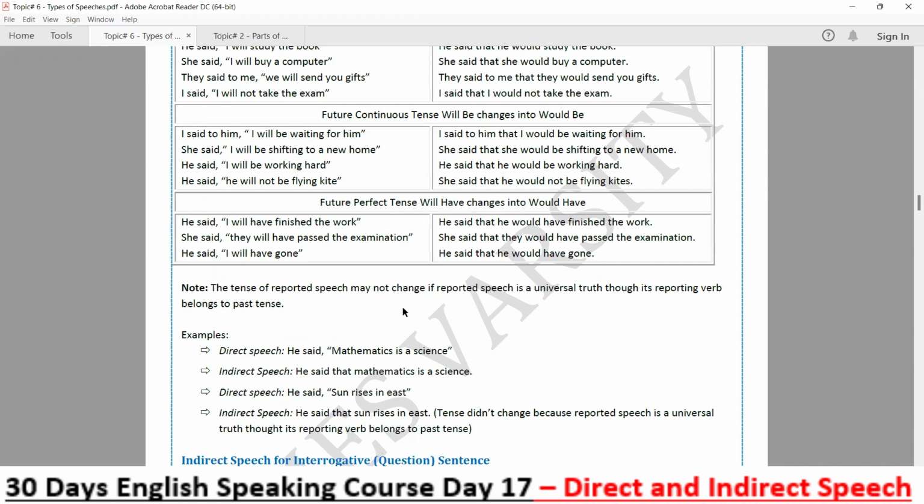This is applicable only for universal truth.